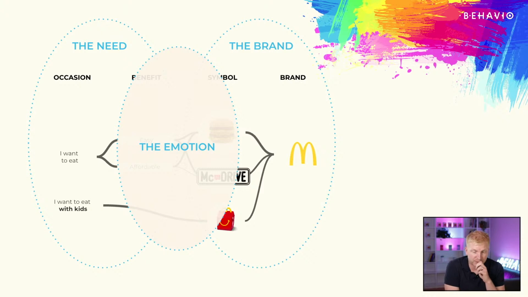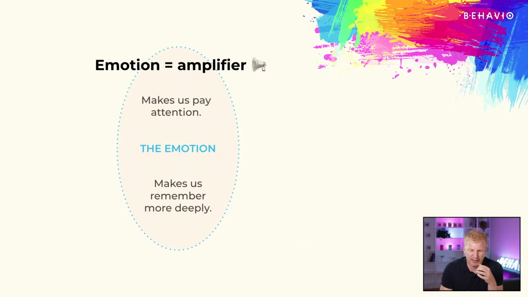Its role is to amplify the new connection between the need and the brand, because it makes us pay attention to something. Our brain is filtering out most of the noise around, and when we feel emotion, we pay attention and we remember things much more deeply. So remember your oldest memories. Maybe it's usually when you were scared or really happy or something like that.